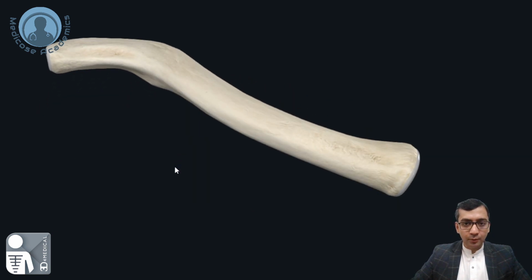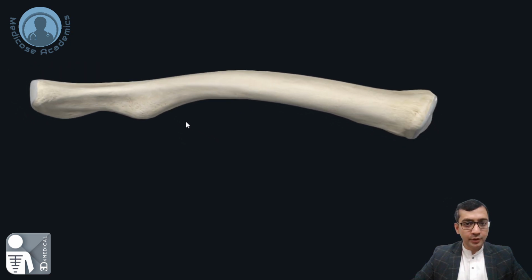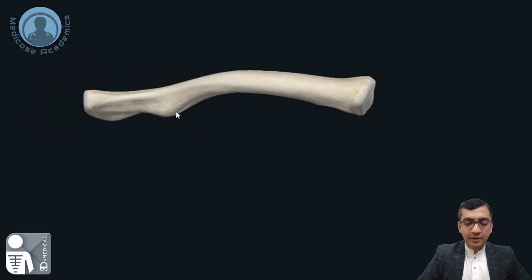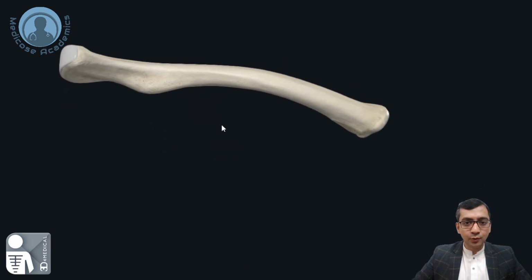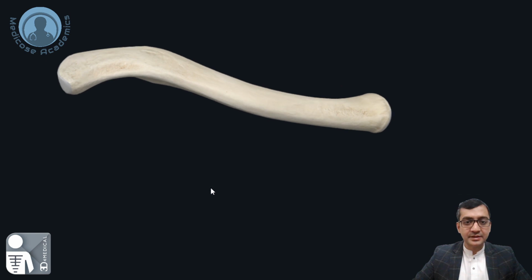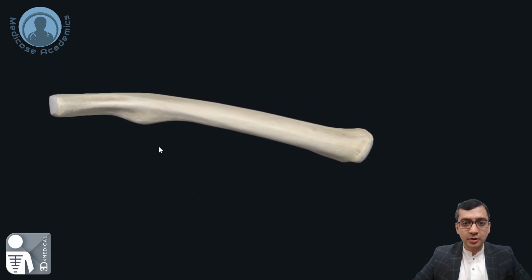Okay. Now, the first question is, what are its parts? Before going into that, if we're looking at the bone in isolated form, it is very difficult to know which side the bone is from, the right side or the left side. You already know because you saw the skeleton as a whole, but what if you are given the bone alone?